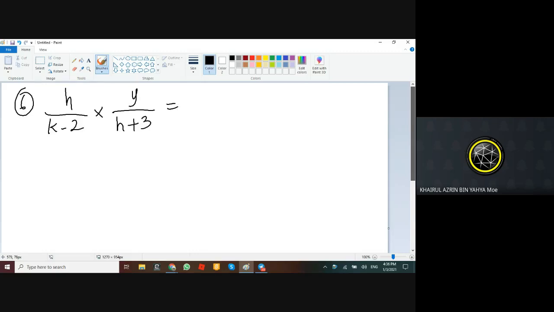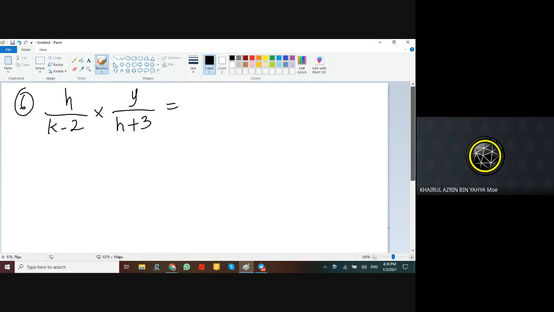Okay. So like this, all here is linear. I mean H is linear, K minus 2 is linear, Y is linear, H plus 3 also linear. Therefore we no need to factorize anything. What we do, we just multiply.